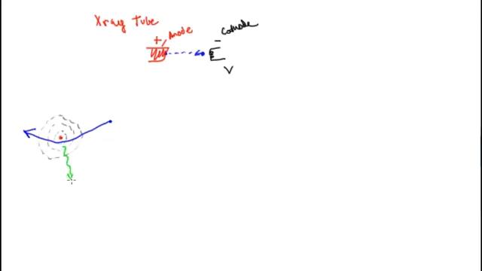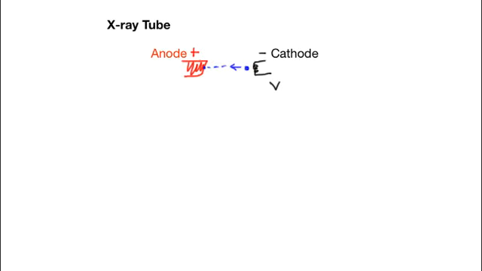If this is unfamiliar to you, go back and look at video 7.1 on radiative loss. So here's the photon coming out, the X-ray coming out from the anode at an angle like this. And these are the X-rays we see from X-ray tubes.